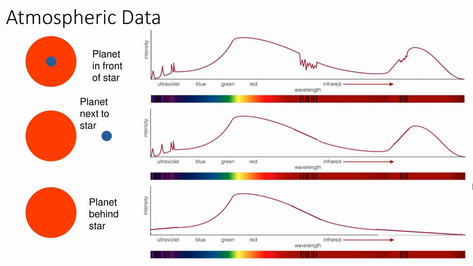Then, if you want the absorption features of the atmosphere, you would take the black body curves and subtract them away from this top image, and you'd be left with the absorption features of the atmosphere and then the emission features of the atmosphere. And so if you have all of this data and you're able to subtract away the parts you don't care about, like I just mentioned, then you can get data on what chemicals are inside of that atmosphere.